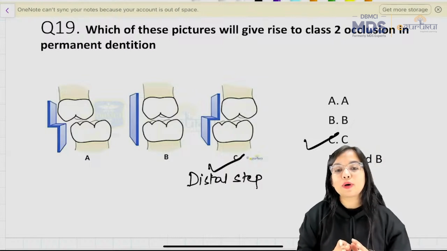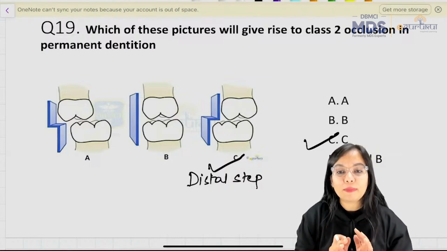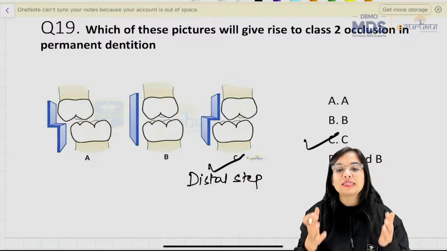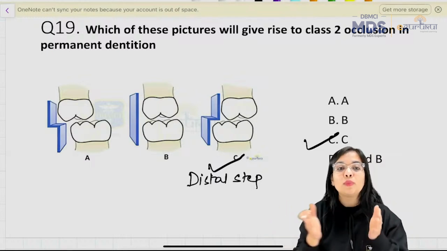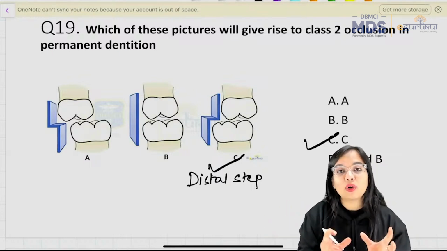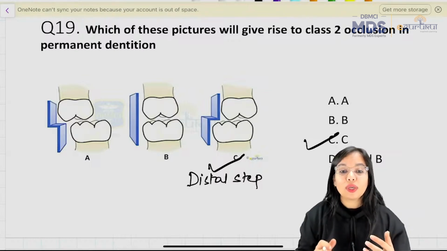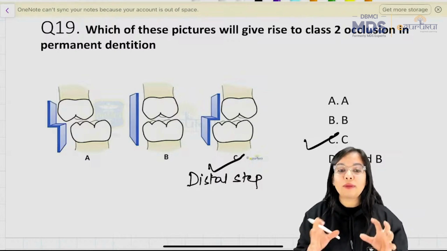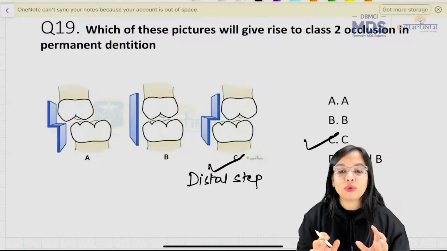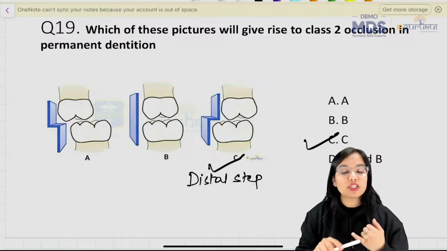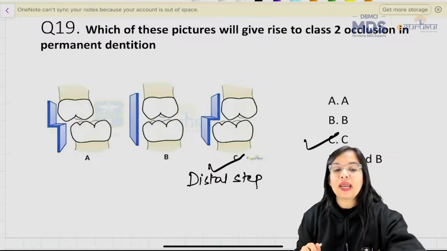So distal step occlusion or distal terminal plane is unfavorable as it guides the erupting permanent molars into class 2 malocclusion with minimal differentiation growth. Okay, so as you all know, Baume had classified the primary molar occlusion into flush terminal plane, mesial step and distal step.